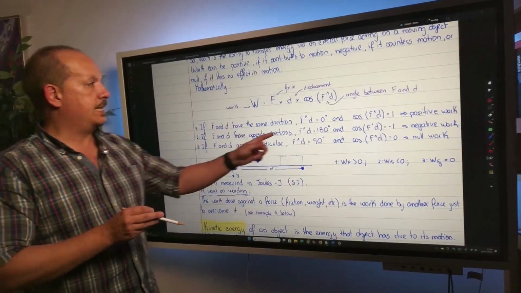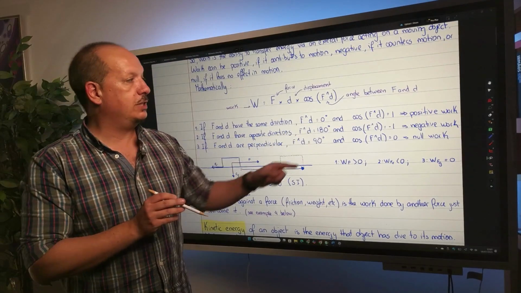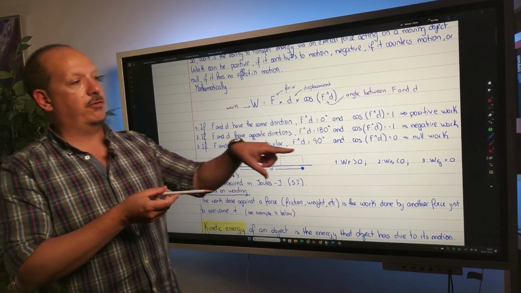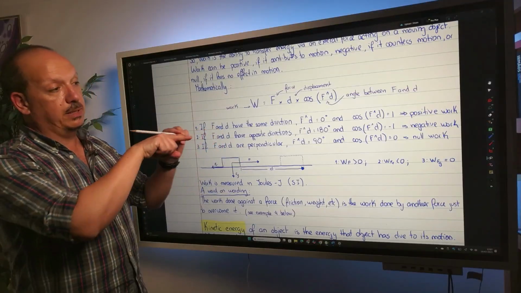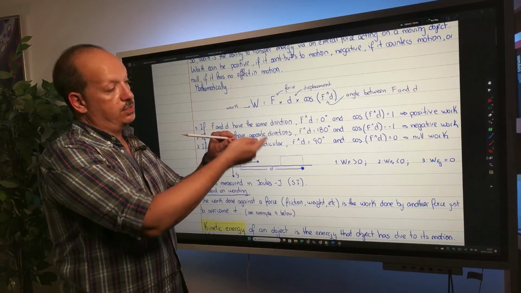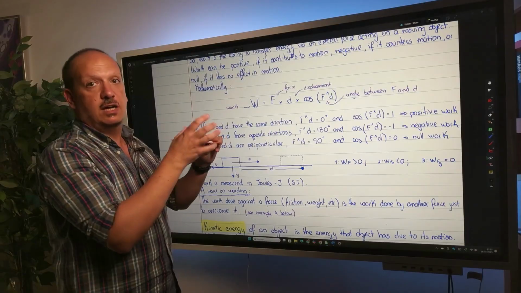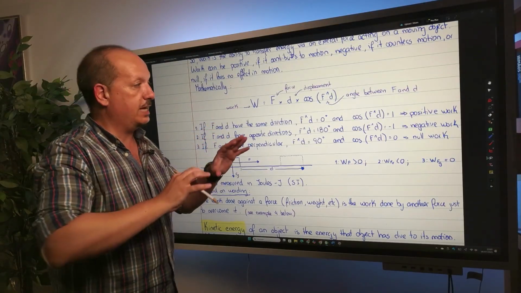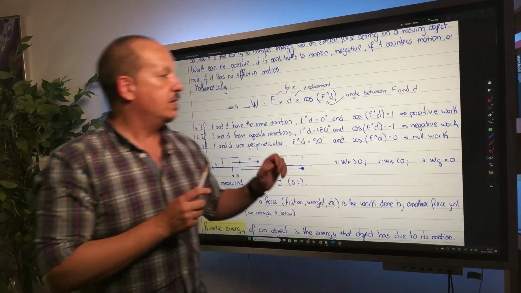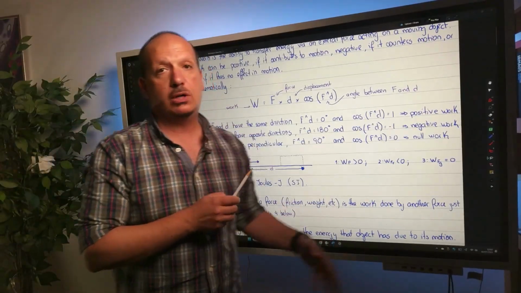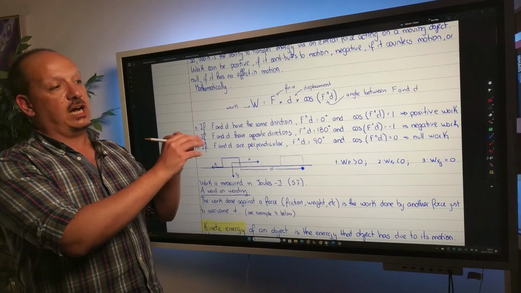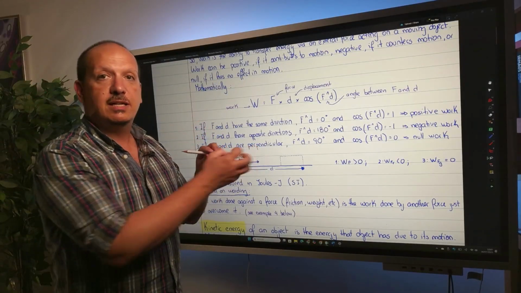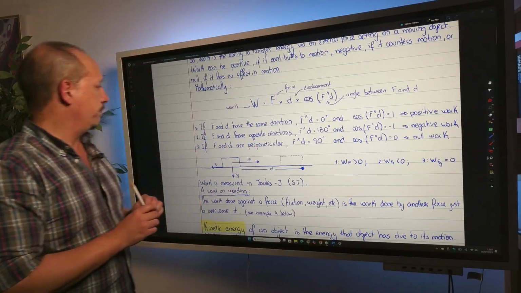If the force and the displacement make a 180-degree angle, that is, if you have a force in this direction, but the object is going that way, so the angle is 180 degrees, the cosine of 180, as you know, is -1. So that means that you have a negative work. What does this mean? It means that the force is taking energy out of the object, right? It is resisting motion.